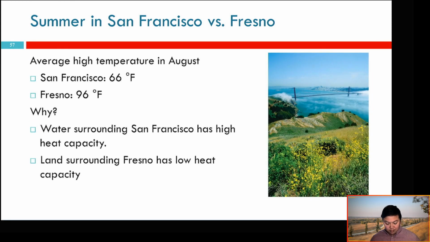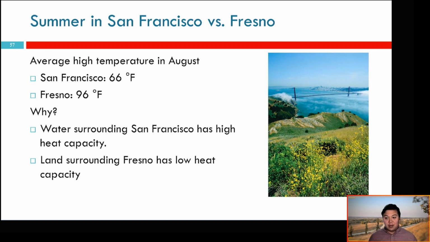All right, so why is it so much cooler in San Francisco? Well, a big reason is that San Francisco is surrounded by water, and that water has a very high heat capacity. So when the California sun is beating down on us all summer, in San Francisco, the water is absorbing a lot of that heat.